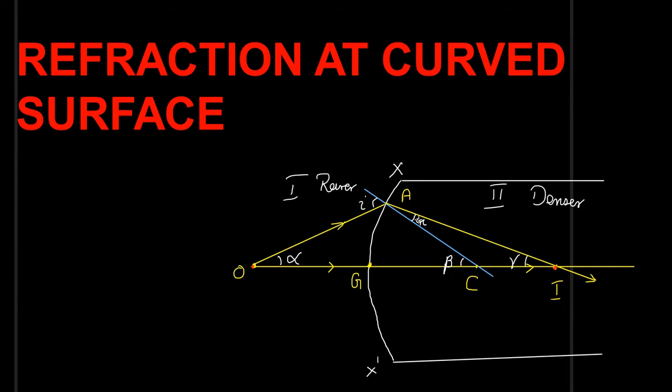We draw one normal from A to the principal axis. The normal meets the principal axis at position G dashed.